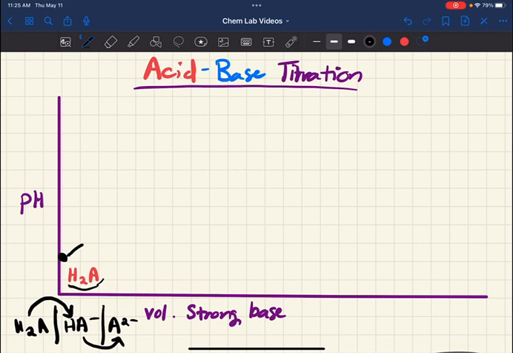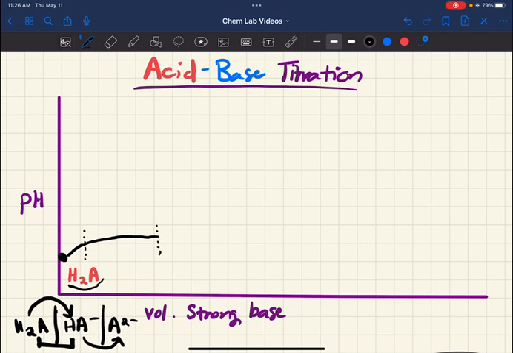But as we reach the point where we're starting to have a mixture of weak acid and its conjugate, which would be HA minus, we'll actually start to kind of plateau for a little while. And that kind of region we'll discuss in more detail is due to the fact that we are in a buffer region.